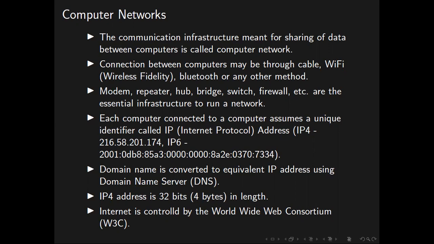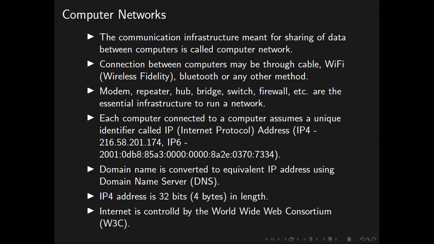Okay, we have seen several new terms today. One is IP, which stands for Internet Protocol. Then Wi-Fi, Wireless Fidelity. Then IP version 4 and IP version 6 were the two addressing schemes we have seen.